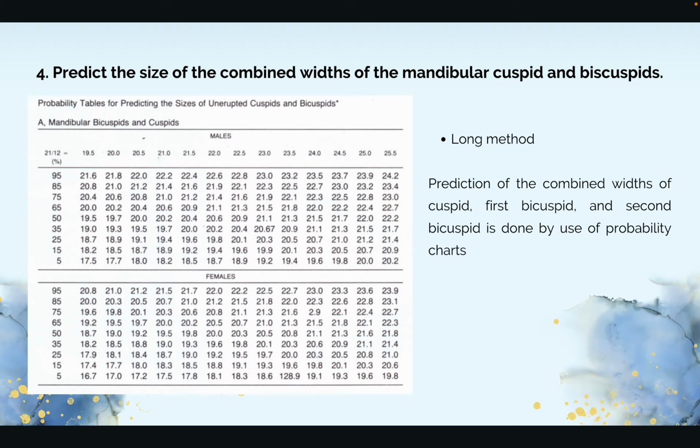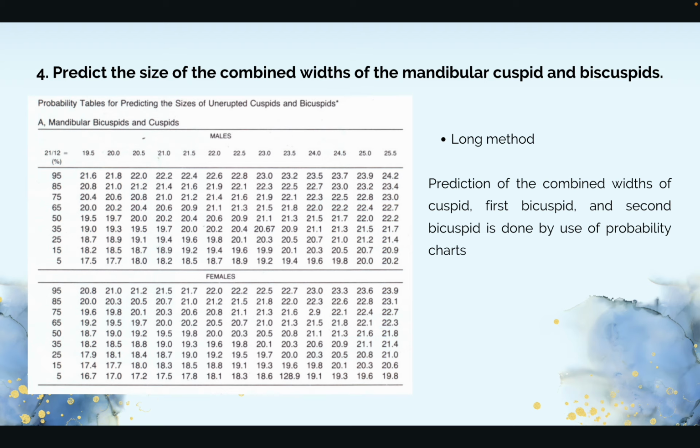So for the example, note that for a small incisor sum of 22 mm, the summated mandibular cuspid and bicuspid width ranges from 22.6 mm at the 75% level of confidence to 18.7 mm at the 5% level.